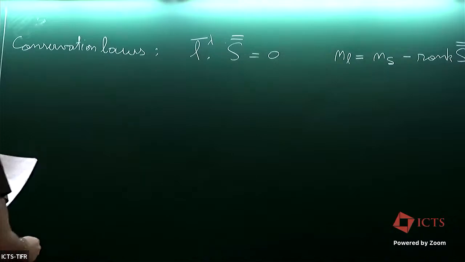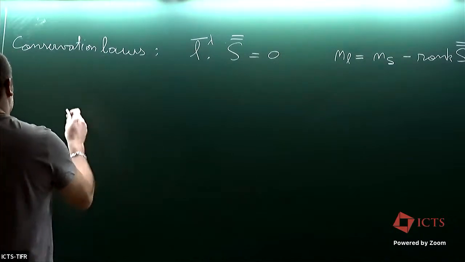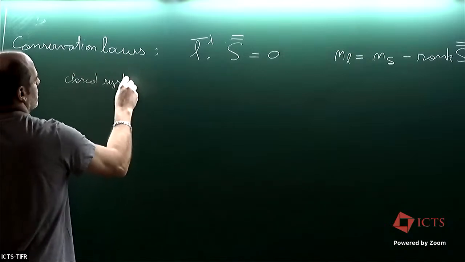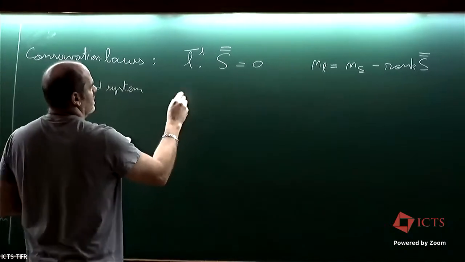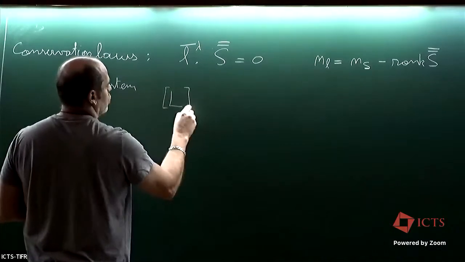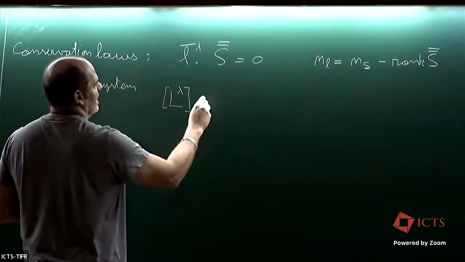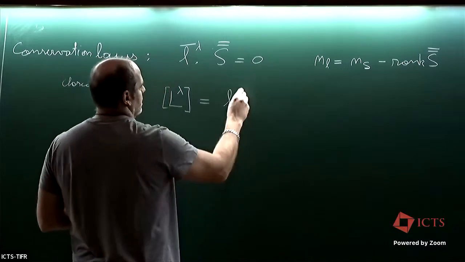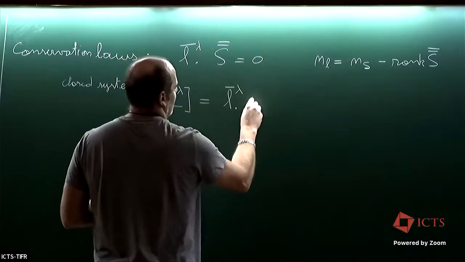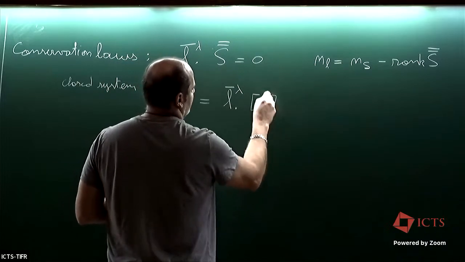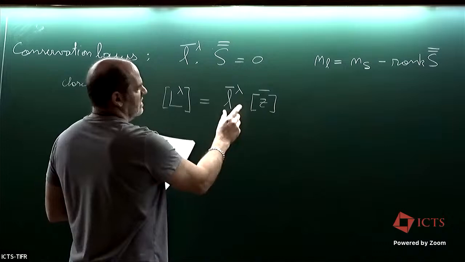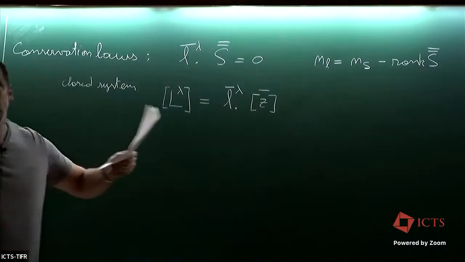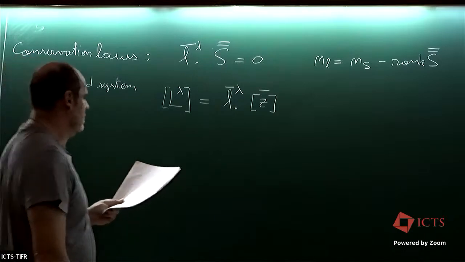And why do I call this a conservation law? This is easy to see. If I take a closed system, I can define the quantity, the concentration L lambda as this vector multiplying the concentration vector. So you can think of this as a combination of species. It's a certain combination of species.